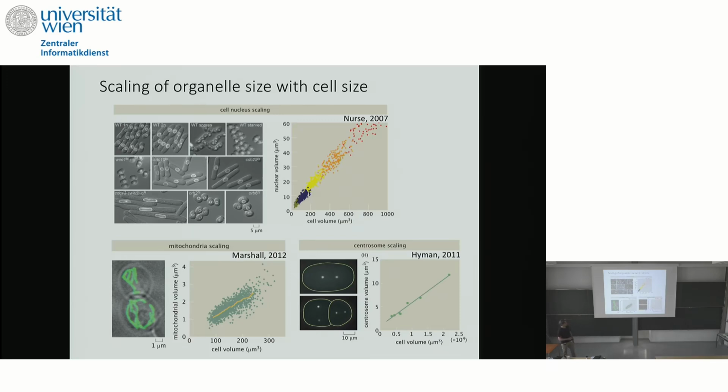There were also experiments from Tony Hyman's group on centrosomes, the organelles that produce spindles. In a developing embryo, as the cells get smaller, the centrosome volumes also get smaller in proportion to cell volume. This is also true for spindles and for nucleoli.